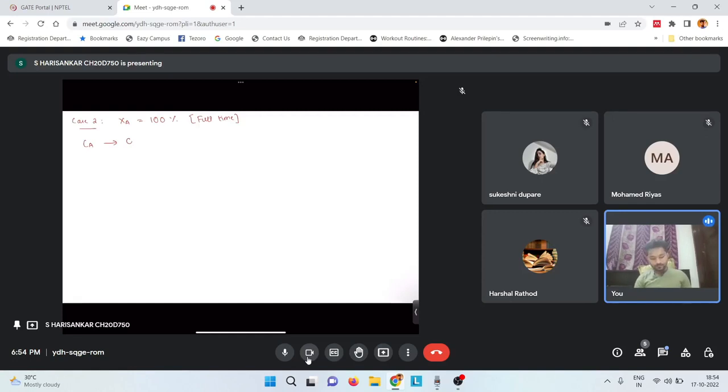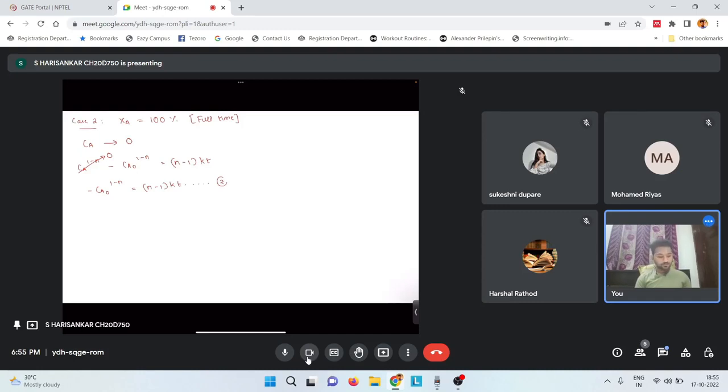So the general equation Ca raised to 1 minus n minus Ca0 raised to 1 minus n is equal to n minus 1 Kt, and the Ca term will get cancelled and our equation will become minus Ca0 raised to 1 minus n is equal to n minus 1 into Kt. So let's take this as our equation 2.